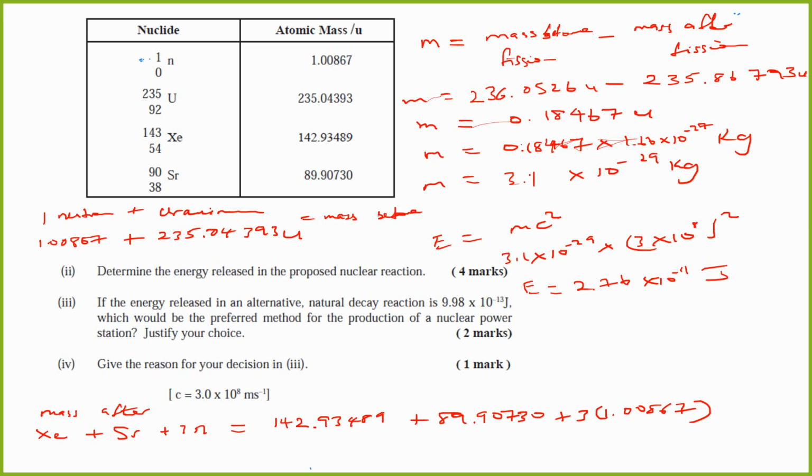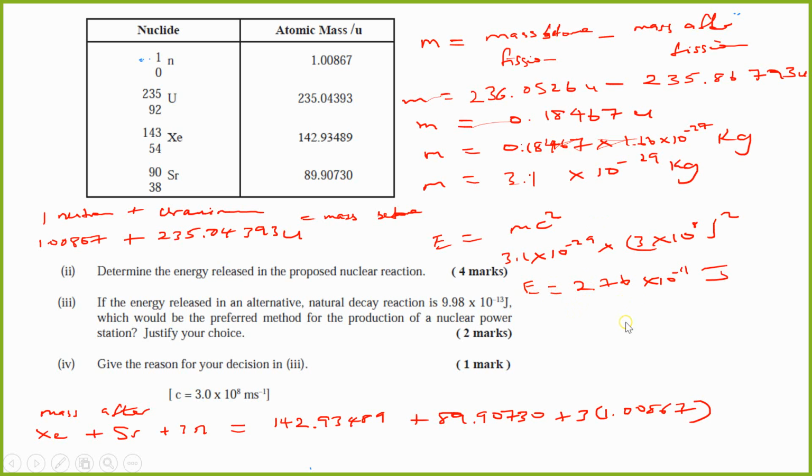Not necessarily. Remember we're comparing things now. This procedure is a natural decay reaction. The other one is an artificial decay process, right? Based on what they want us to talk about, we just need to compare the energy values.